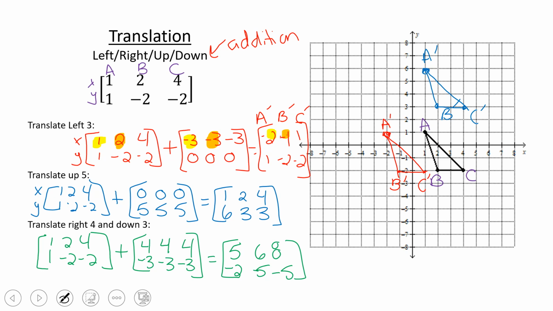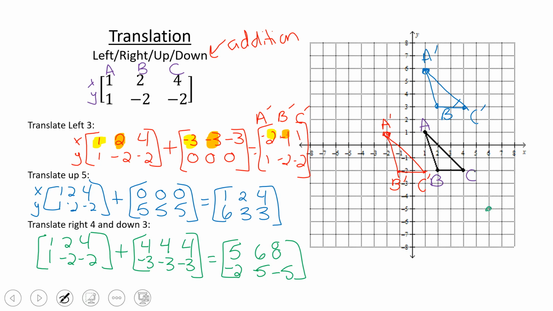So A prime is supposed to be 5, -2. If I take A and I shift it right 4 and down 3, it's right here, which is indeed 5, -2. Do the same thing with B, right 4, down 3. That is right here.